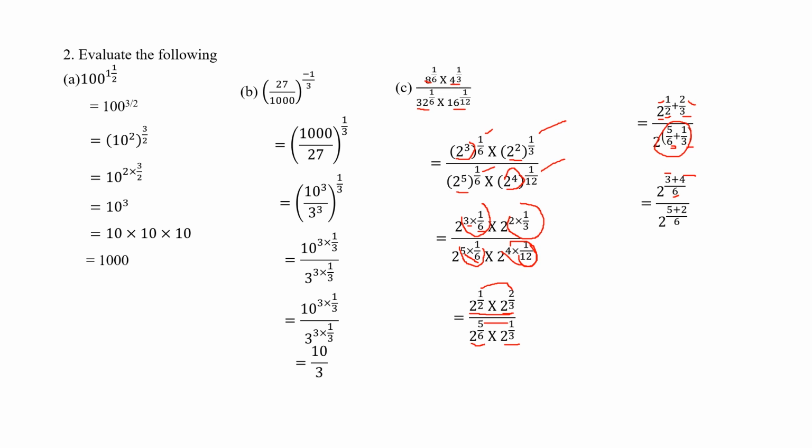So we write the 6 times 6 here, then also times 6 there, to have the 5 plus the 2 when you try to simplify. Now we add the power here to come to a 7, and also the power here to come to a 7 all over 6. So we are having 2 power 7 all over 6 divided by 2 power 7 all over 6.